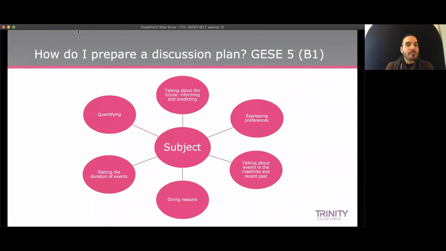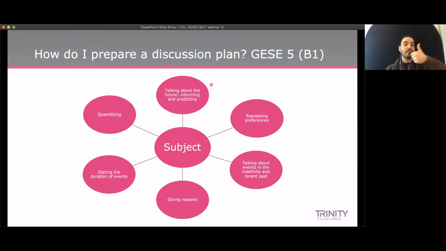Now, how do we prepare a discussion plan? Remember the different language functions we saw yesterday. What do we need to do when we are looking at GESE 5?